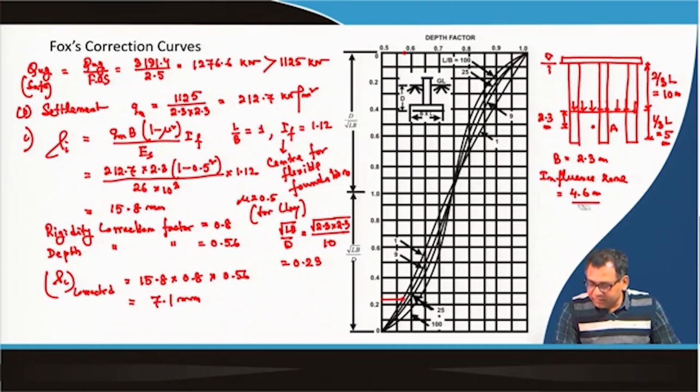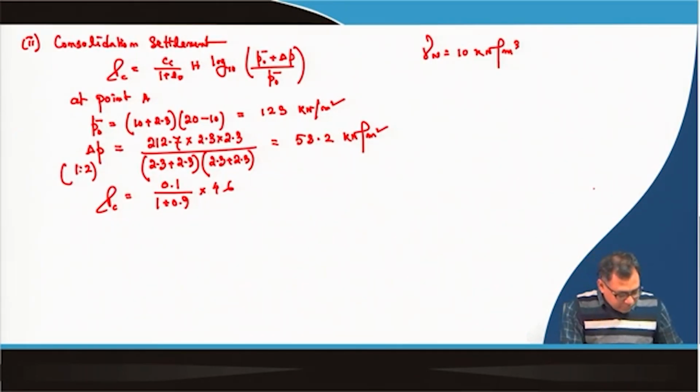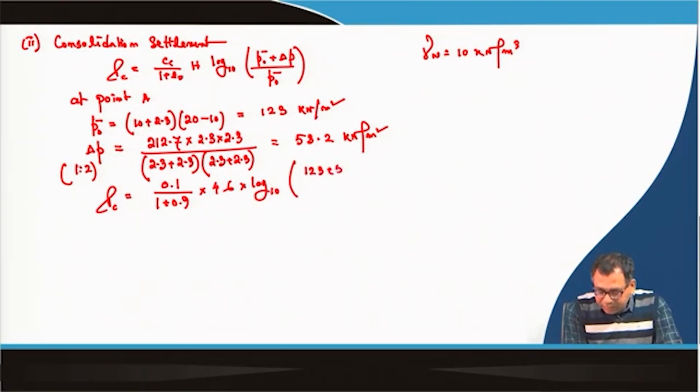So, 4.6 into log 10 of 123 plus 53.2 divided by 123. So, this is 37.8 millimeter.